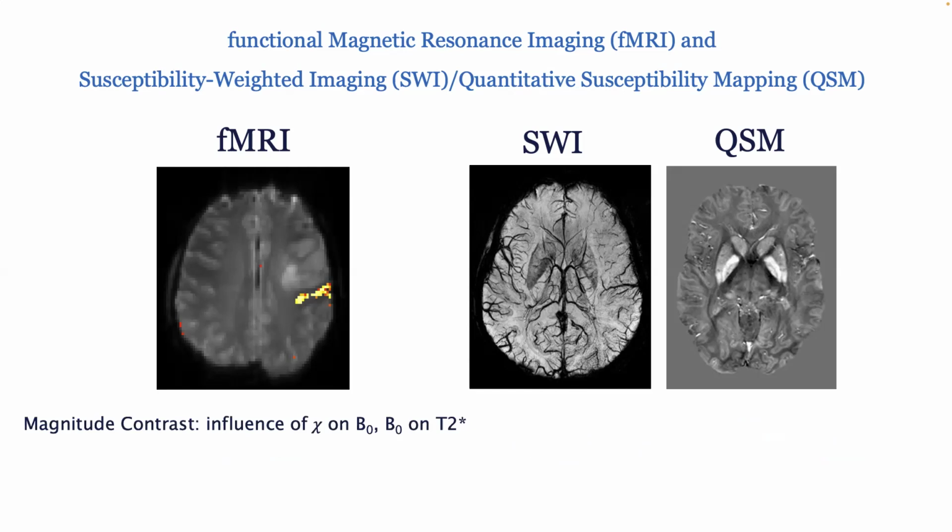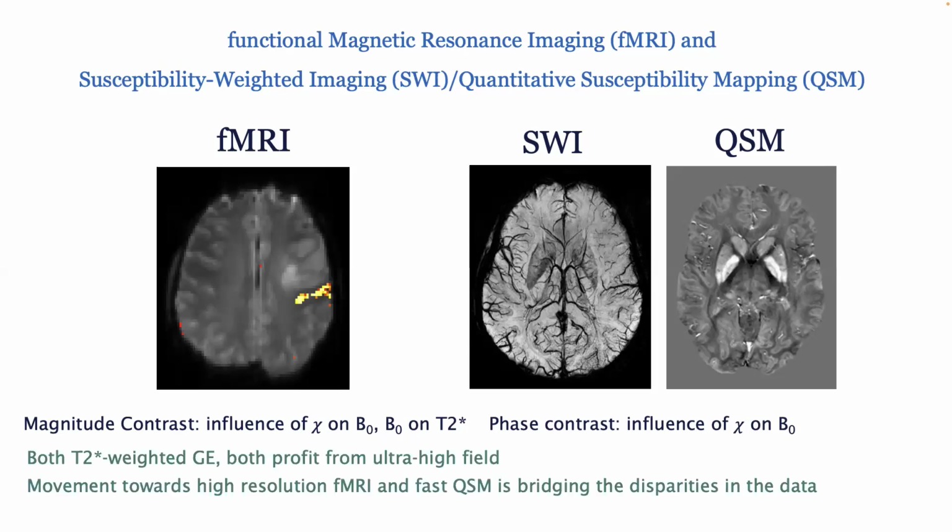And in fMRI, we're obviously looking at magnitude contrast primarily. We're looking at the influence of susceptibility on B0, on regional changes in B0, which then affect T2 star. And in SWI and QSM, we're looking primarily at the phase of the signal and the influence of susceptibility more directly on the magnetic field as reflected in the phase. Both of these topics, methods, benefit from ultra-high field.